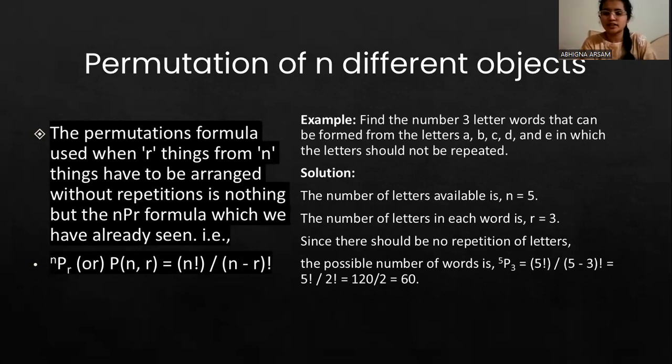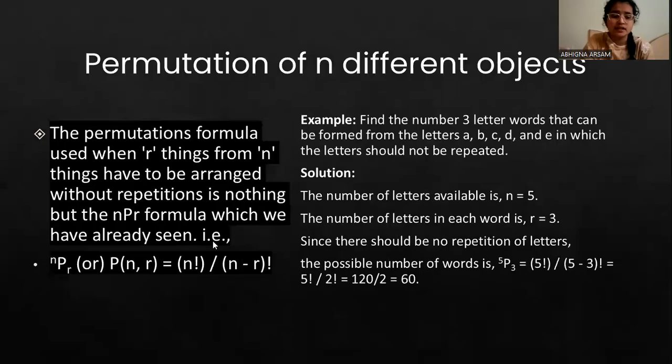So the total number of possible words is 5P3. We can use the formula, that is 5 factorial by (5 minus 3) factorial. That is 5 factorial by 2 factorial, that is 60.